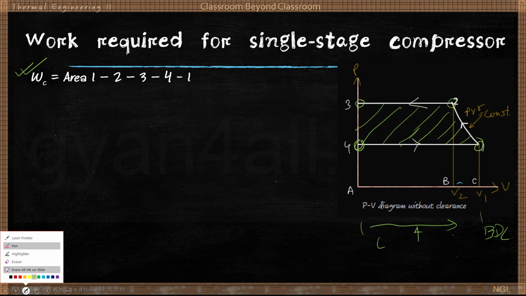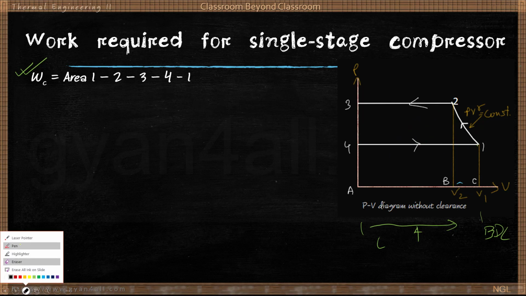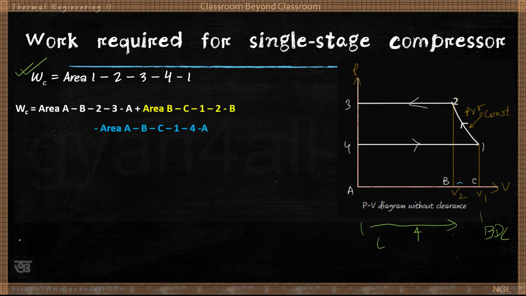Which area? Area 1, 2, 3, 4 and again 1. Now, this area is equal to how much? So we can say area A, B, 2, 3, A. These are the whole area.